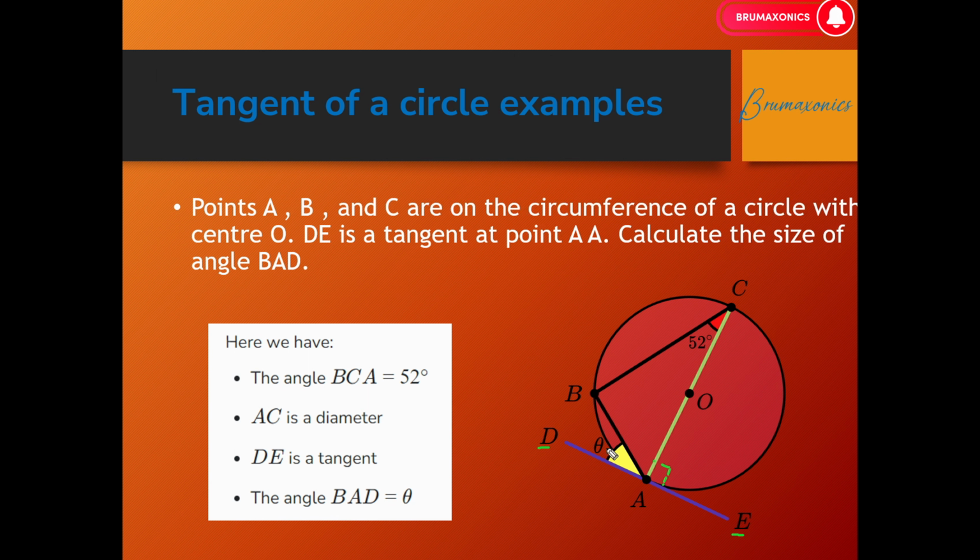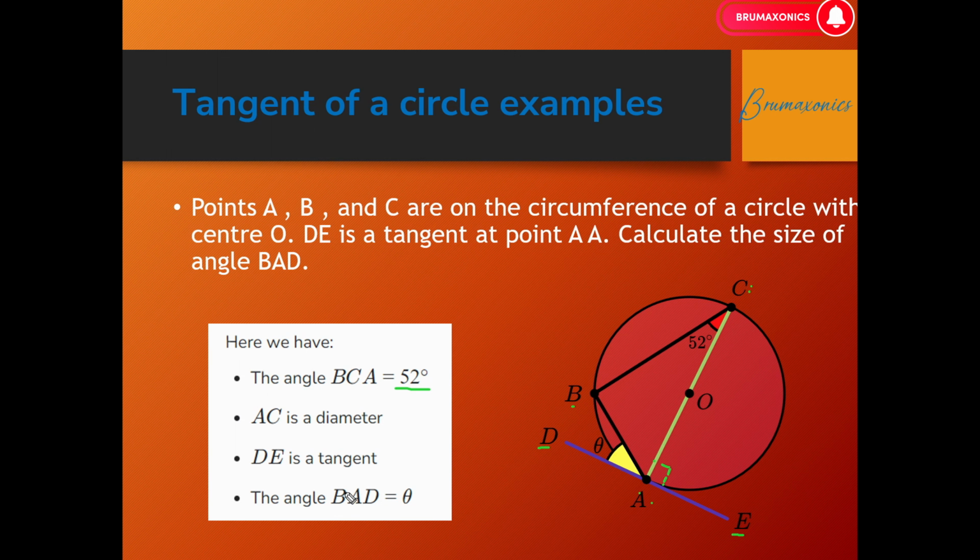But if you check, you will see that there is this angle here between B, A, and D. So if they say that find the angle of BAD, you have to ask yourself how you can be able to find that, and DE is a tangent, and then AC, like A up until C, will be the diameter, and then the BCA angle will be 52.